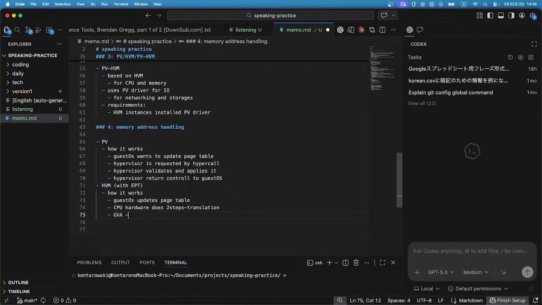GVA, guest OS virtual address, to guest OS physical address, and then host OS physical address. This is EPT.